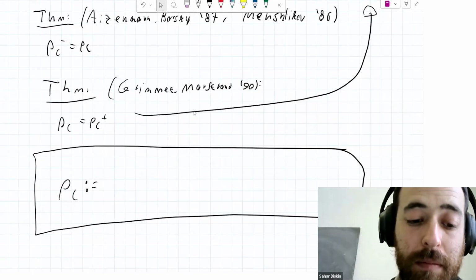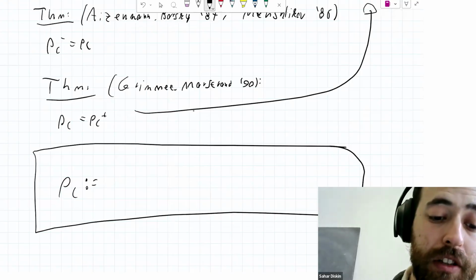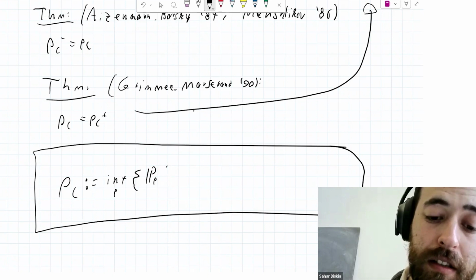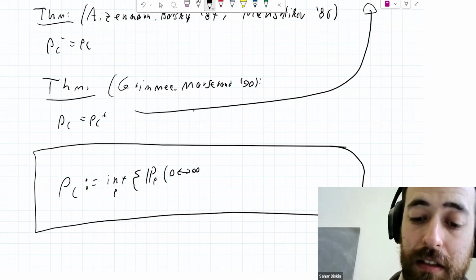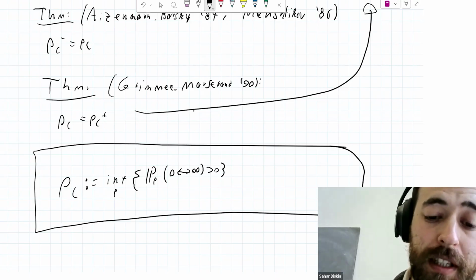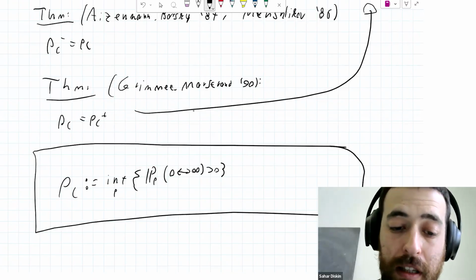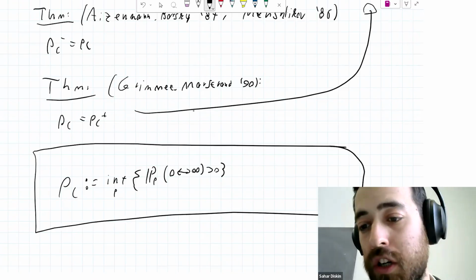But another way to define PC would be, I can fix an origin, it's all the same, so it's the infimum over all probabilities such that the probability under P that 0 is connected to infinity is at least 0. So obviously if we are above PC, then the origin has a chance to be connected to infinity. And this is equivalent to the definition I said before. It's not trivial, but one can show it.